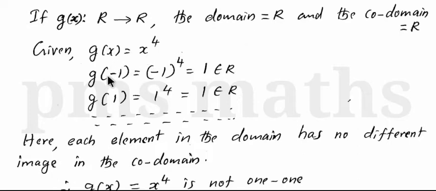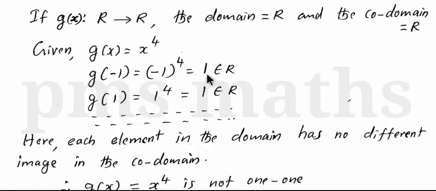Any real number can be taken for x. Therefore, -1 can be taken, +1 can be taken, 1.5 can be taken. Then substitute: x is equal to -1, -1 whole raised to 4 means plus 1. This plus 1 is a real number.